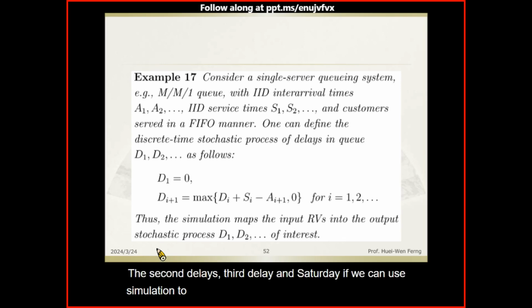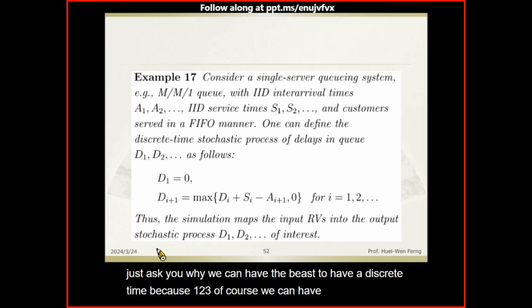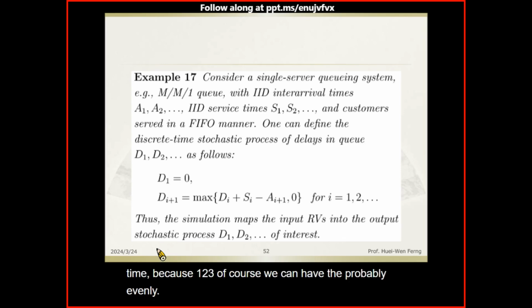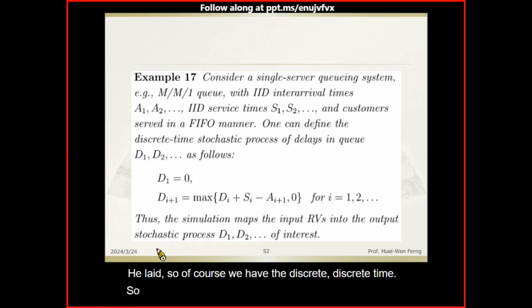And here, I'll just ask you, why can we have a discrete time process? Because 1, 2, 3, of course, we can have countably infinite delays. So of course, we have a discrete time stochastic process. So look at this. Simulation outputs are random.